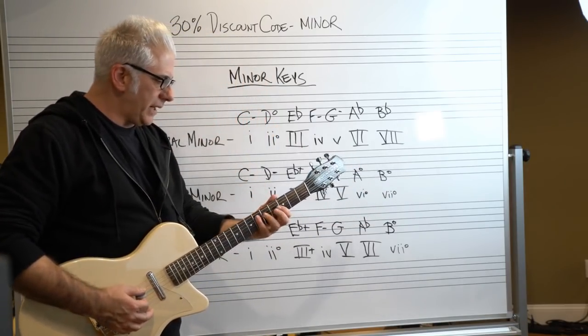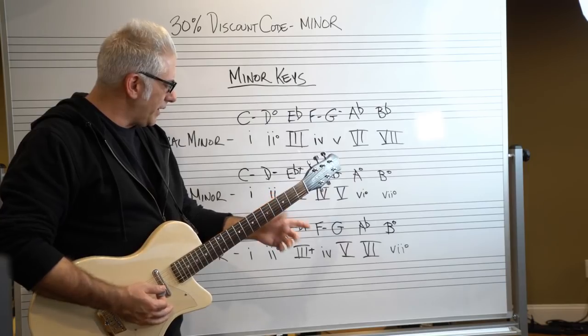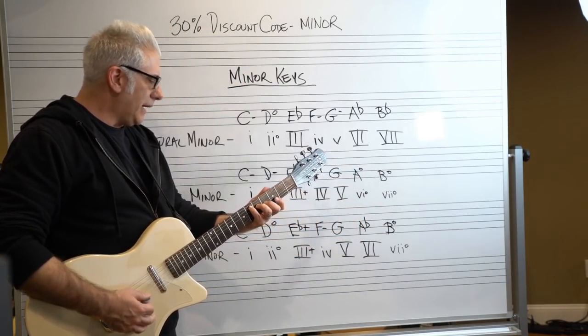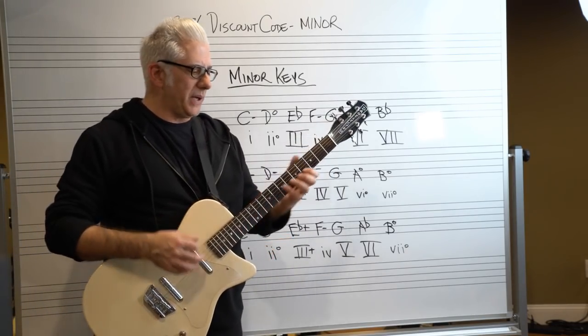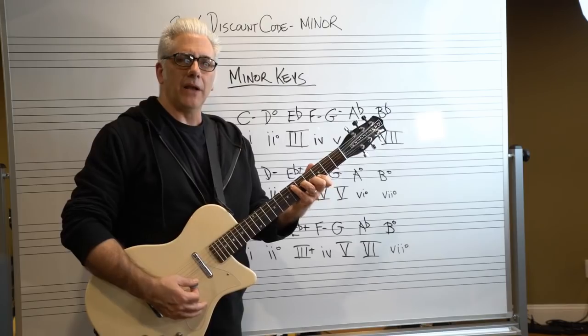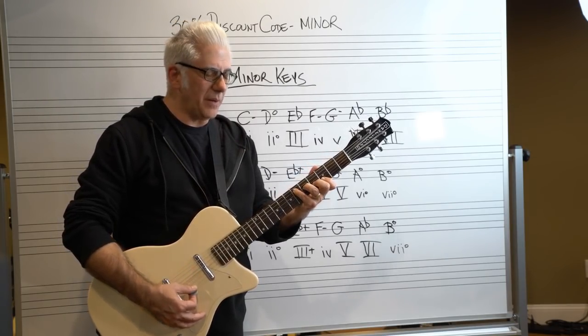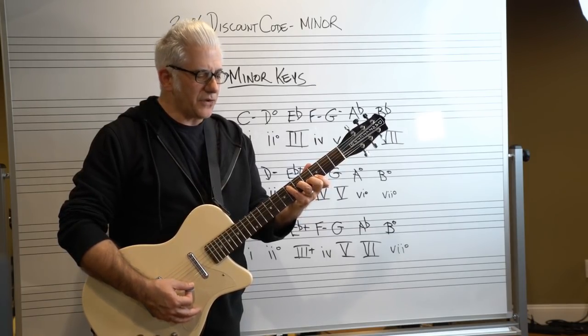So you got E, G, B, and then E flat, G, B, and then you have D here. So that's going to be a major 7 sharp 5 chord, or augmented major 7. I was thinking minor major 7.